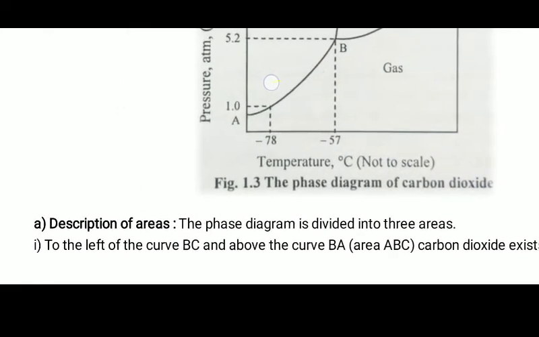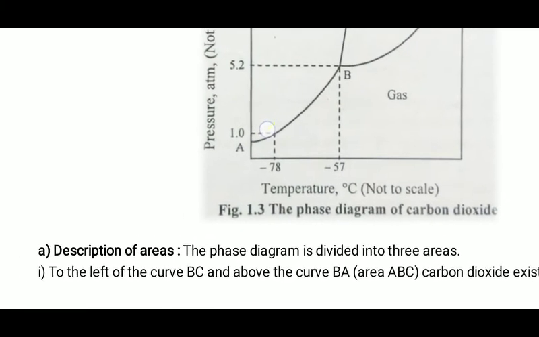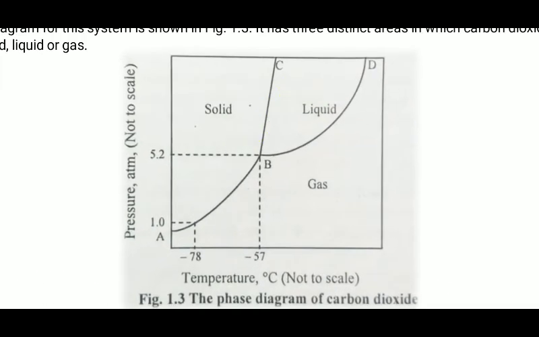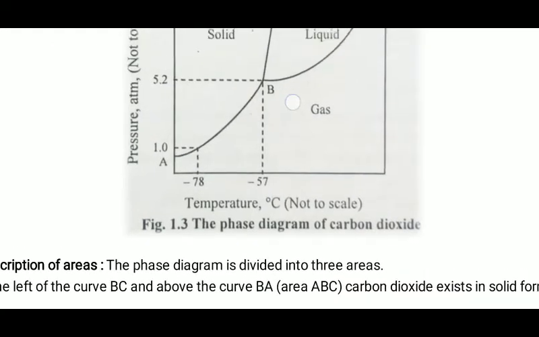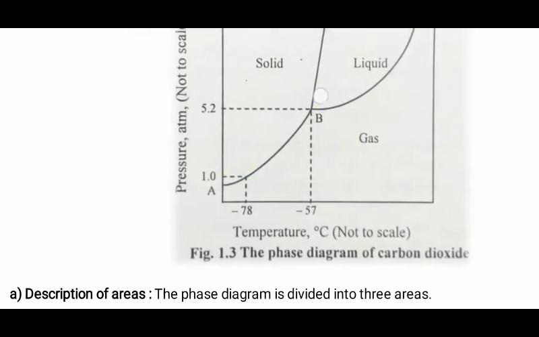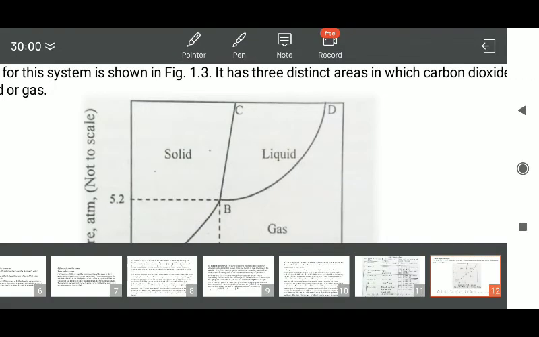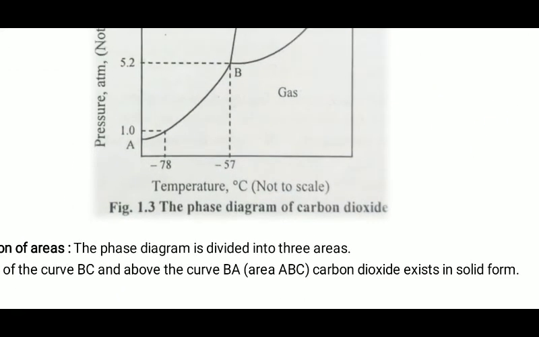Description of areas. The phase diagram is divided into 3 areas. To the left of the curve BC and above BA, that means area ABC, carbon dioxide exists in solid form.